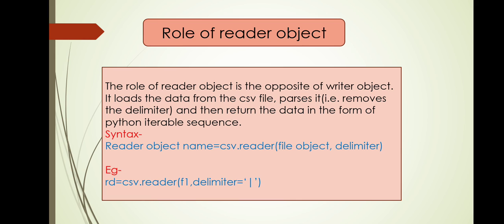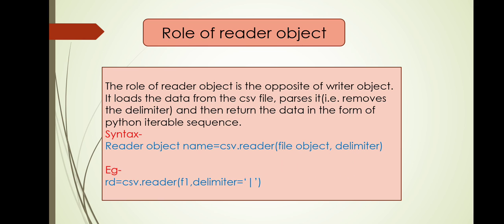Okay. Now let's see the syntax of creation of the reader object. First of all, reader object name is equal to csv.reader and then within bracket we write the file object name. Second argument is delimiter. This is an optional argument; if we do not provide it, then it will take the default delimiter as comma.